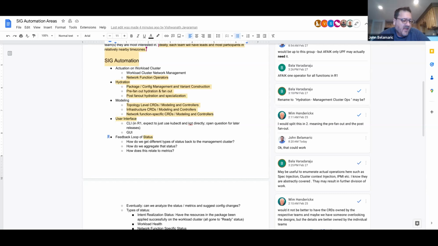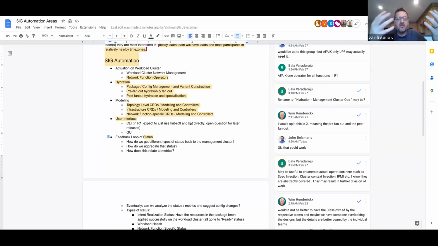Yeah, that makes sense to me. So what we would be saying then is there'd be a workload cluster team and two management cluster teams. One team would focus on the pre-fan out hydration, so that's the cluster invariant stuff and the UI pieces, how you get the ball rolling, and I guess the fan out falls into there.